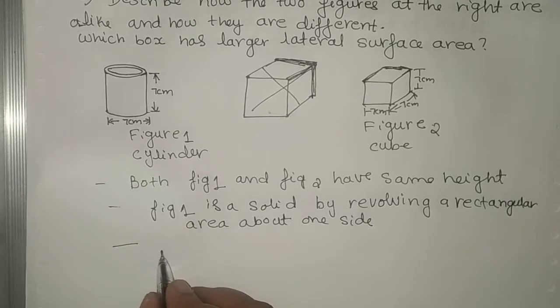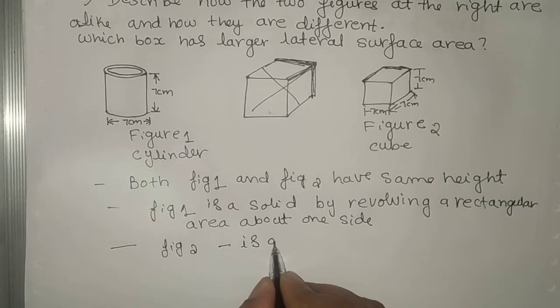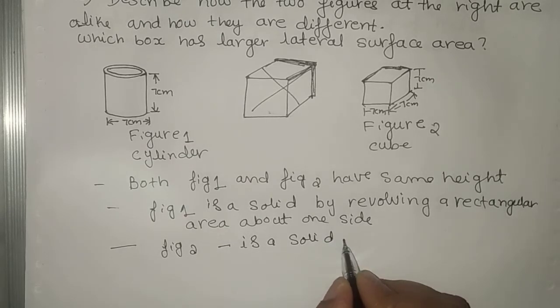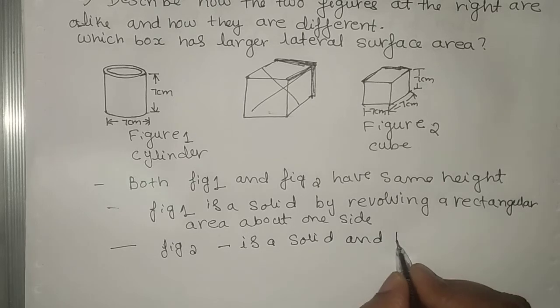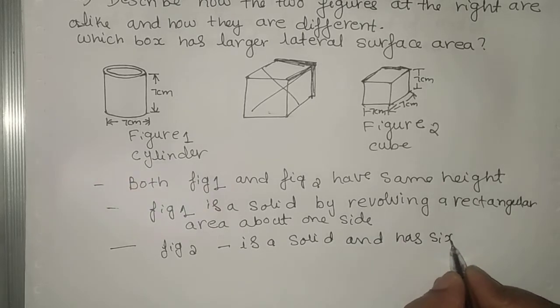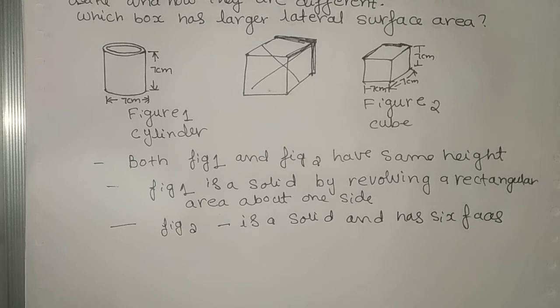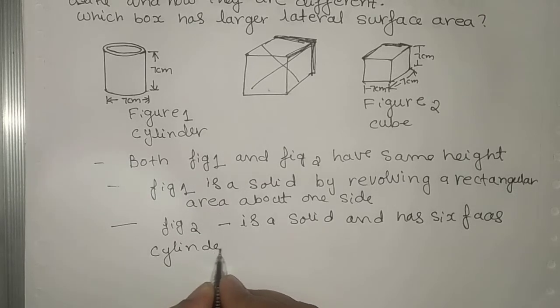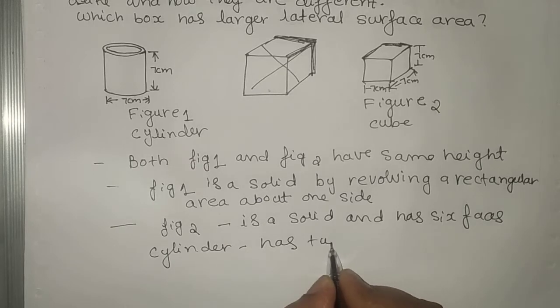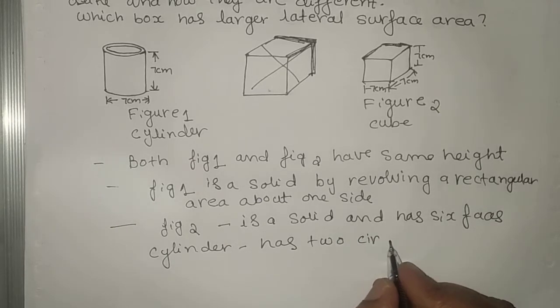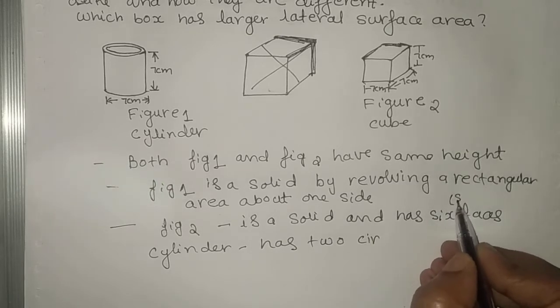Next, the cube, or figure 2, is a solid and has 6 faces, 6 square faces. The cylinder has 2 circular faces.